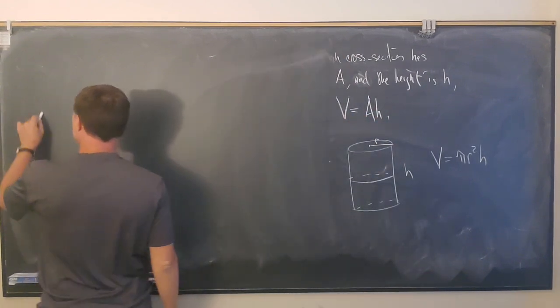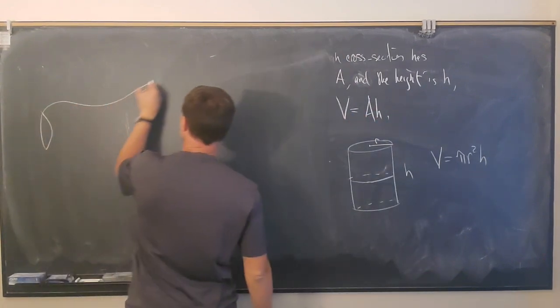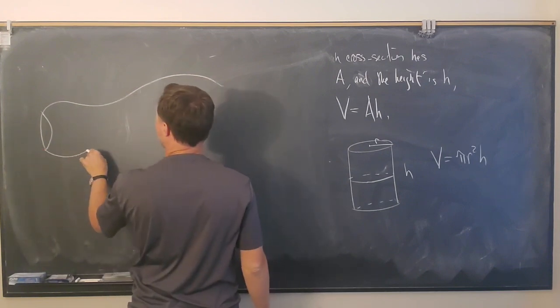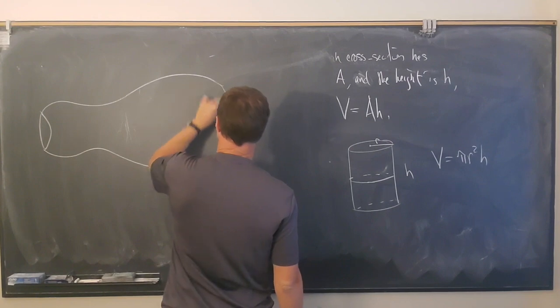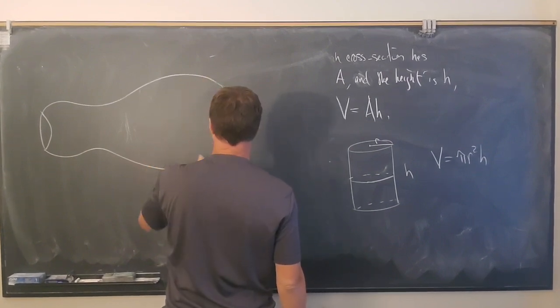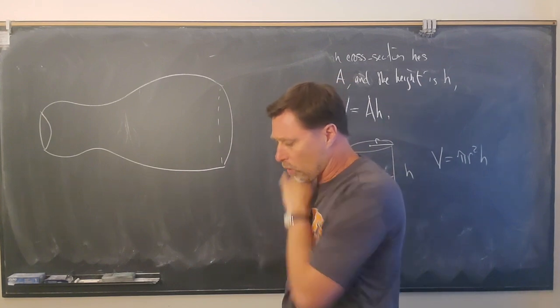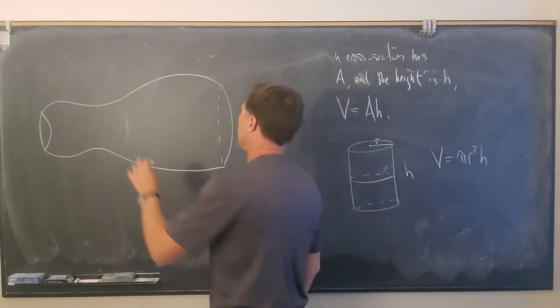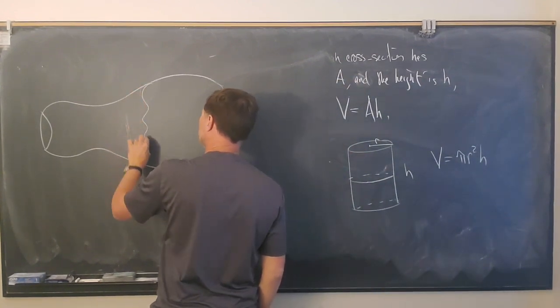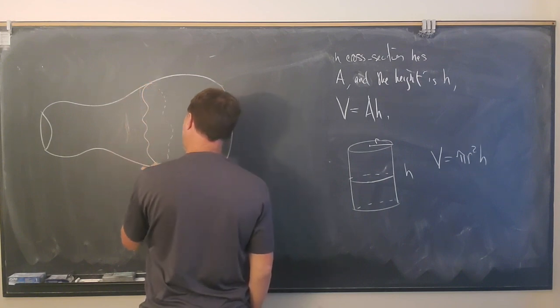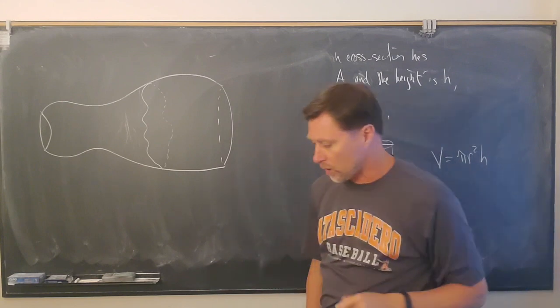So let's now imagine that we have a solid where now I want to slice vertically in this case, where our cross sections are actually non-congruent. So let's say it like this.